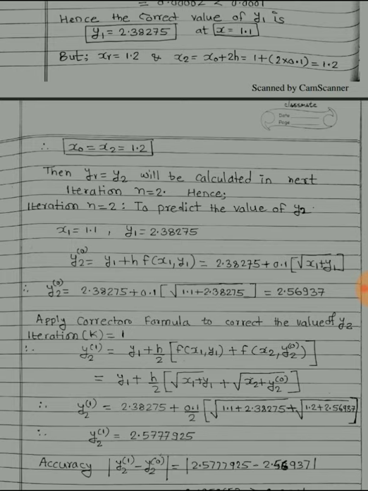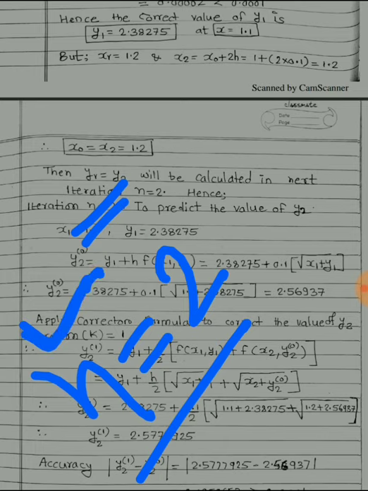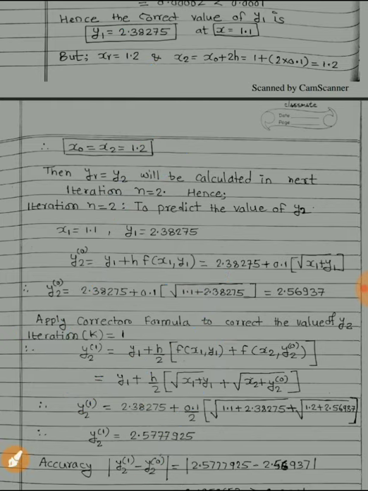Then yr, that is y2, will be calculated in the next iteration, n equals 2. If you remember, I mentioned in this video that n is representing the iteration for prediction and k is representing the iteration for correction. So n is for the prediction formula we are going to use.